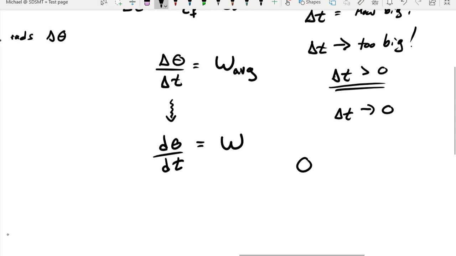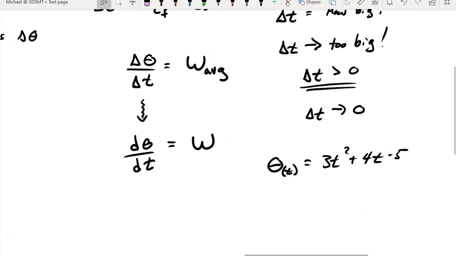And so if we had some kind of equation that described how our angular position was changing with respect to time, then we could take a derivative of that function and produce another function that tells us what the angular velocity would be.